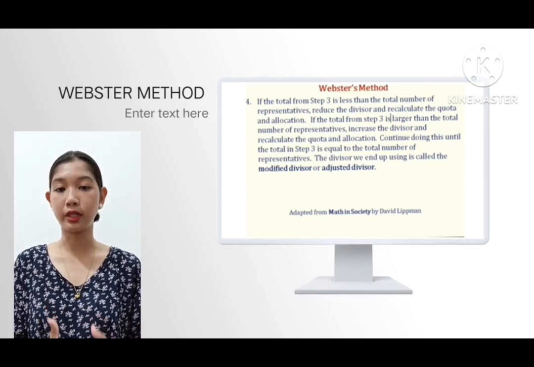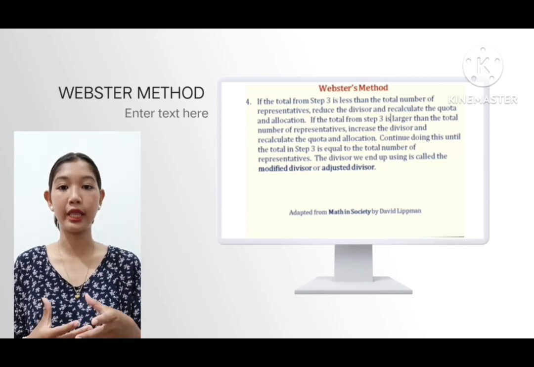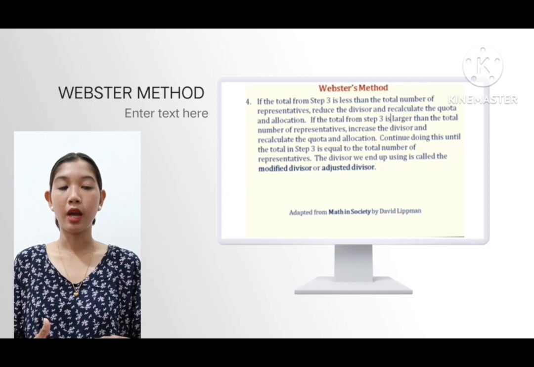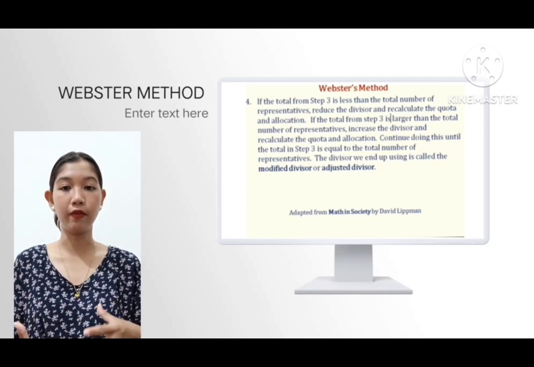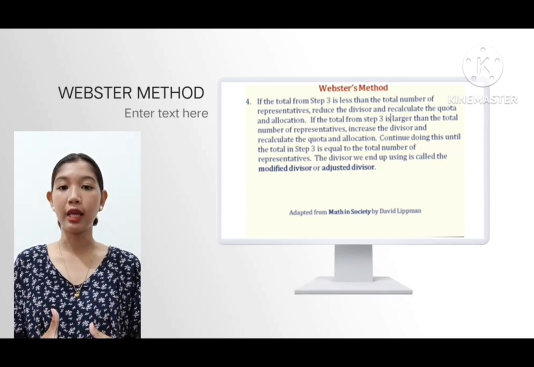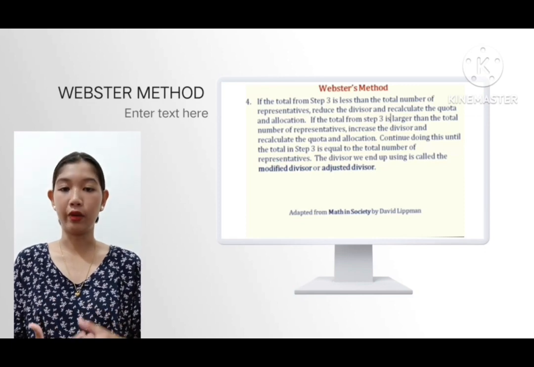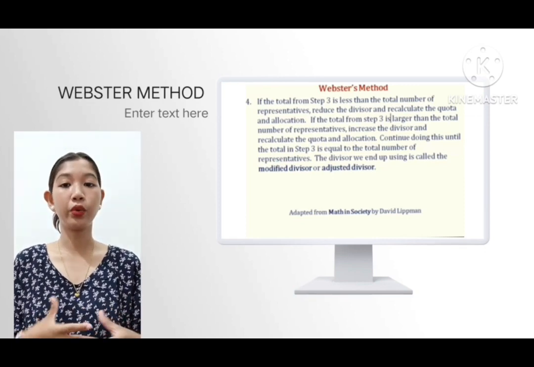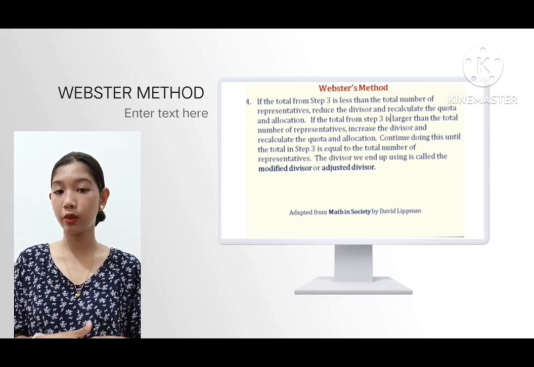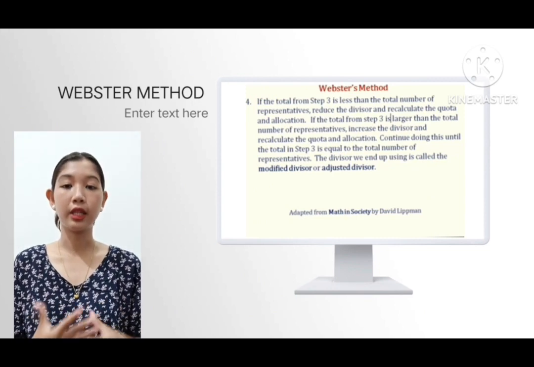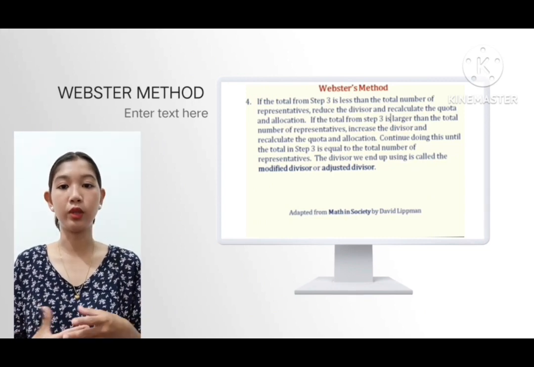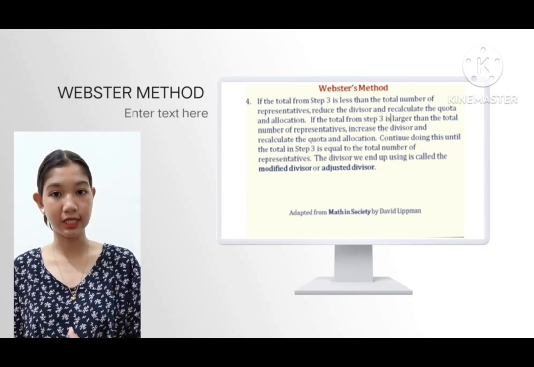If the total from step 3 is larger than the total number of representatives, increase the divisor and recalculate the quota and allocation. Continue doing this until the total in step 3 is equal to the total number of representatives.